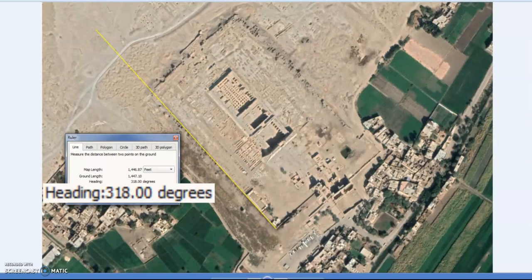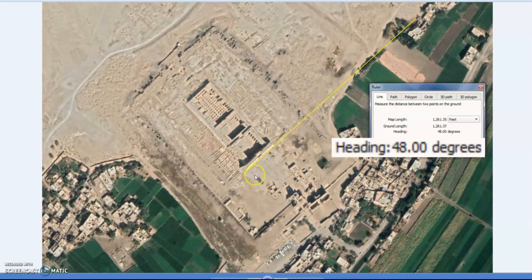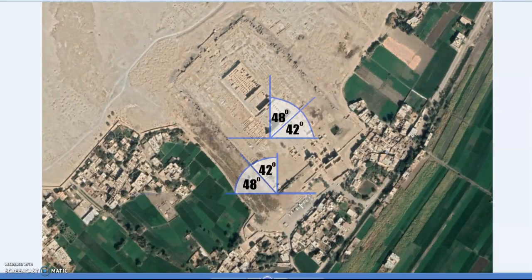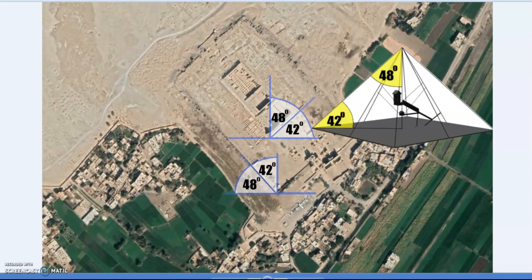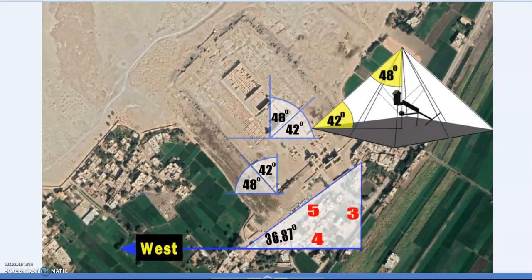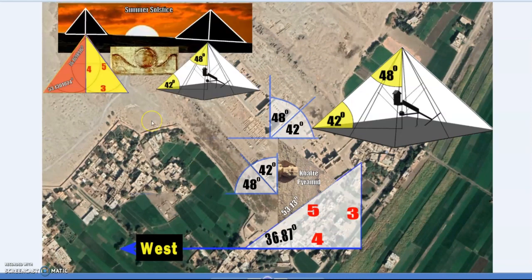Well, this wall is 42 degrees from north, or the cross 48 degrees from north, 42, 48 degrees, there you go. Of course we have the 3-4-5 triangle, so we have the pattern.